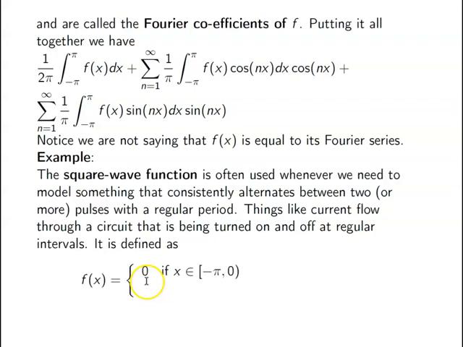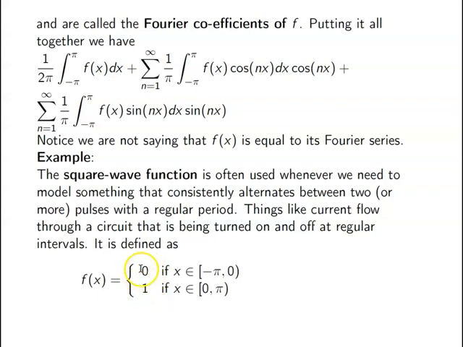The square wave function is defined as the following. My function is 0 if x is from negative pi to 0, negative pi being an included endpoint and 0 an open endpoint. Otherwise, it's 1. If you think about computers, it's on, off, 0, 1: there's flow, there's no flow.